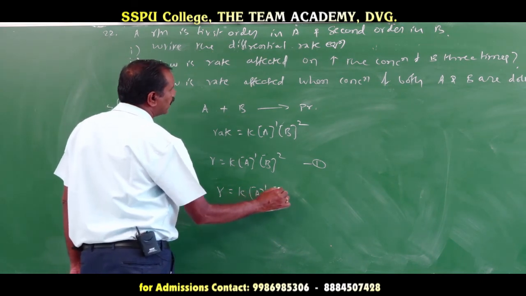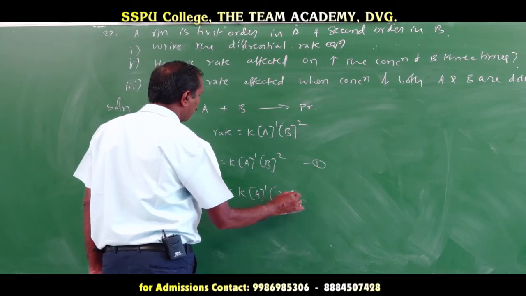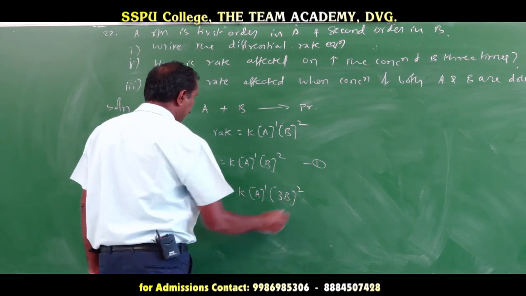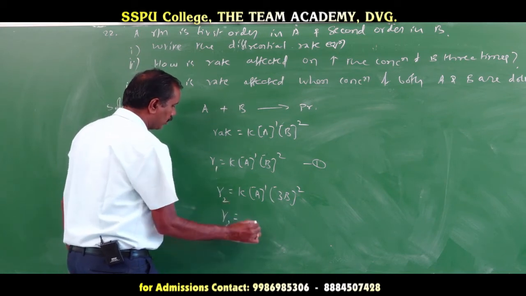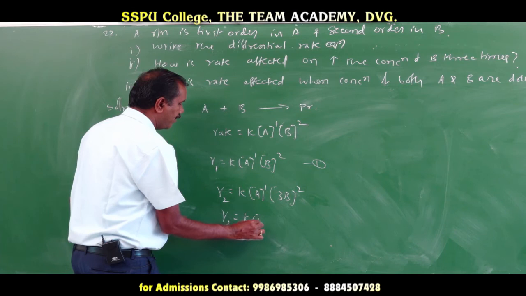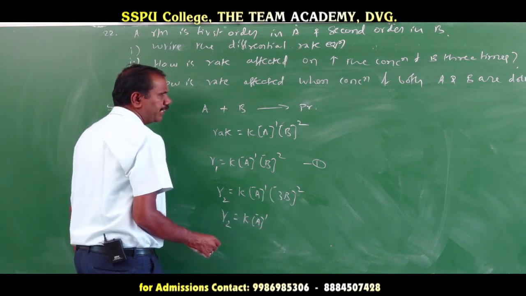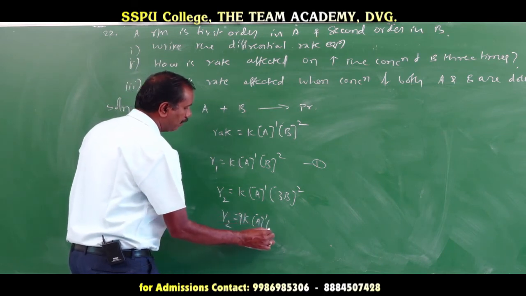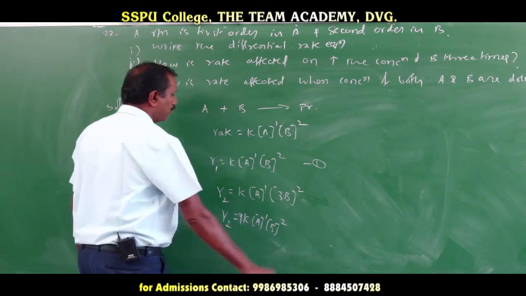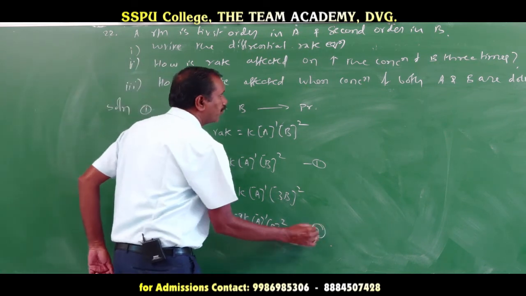If B increases by 3 times, 3B to the power of 2. This is R1, this is R2. R2 is equals to k into A to the power 1. So 3 to the power of 2 means what? 9. 9k A to the power 1, B to the power of 2. So this is 2.